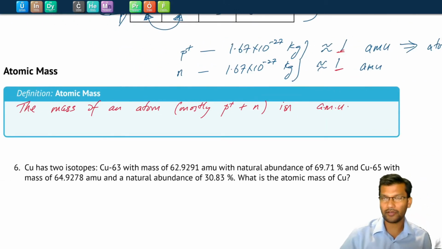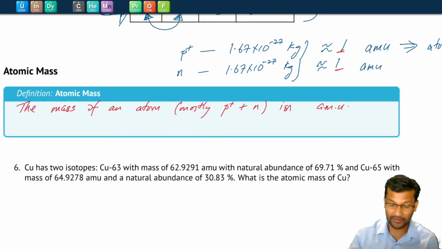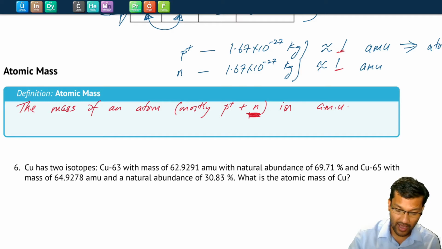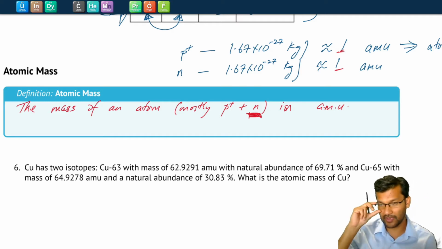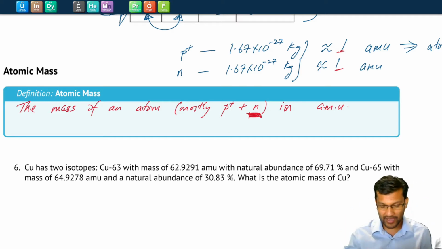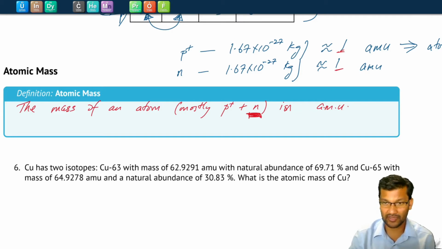However, we talked about isotopes, and an element would have the same number of protons, but different numbers of neutrons because they're different isotopes of the same element. So if I were to grab a handful of carbon atoms, maybe in the form of, let's say, a diamond, all of the carbon atoms in there would not have the same number of neutrons. There would be different isotopes of carbon in there.